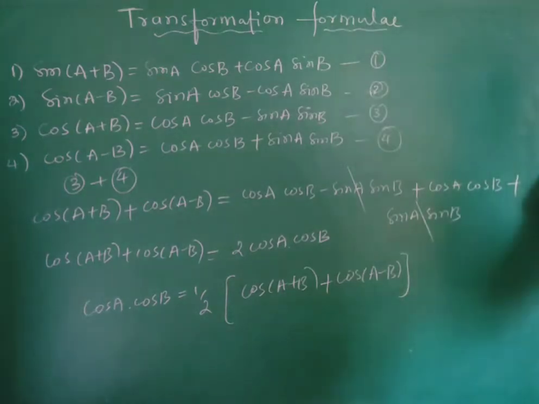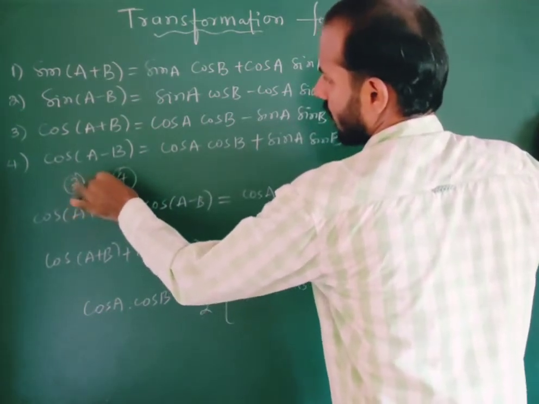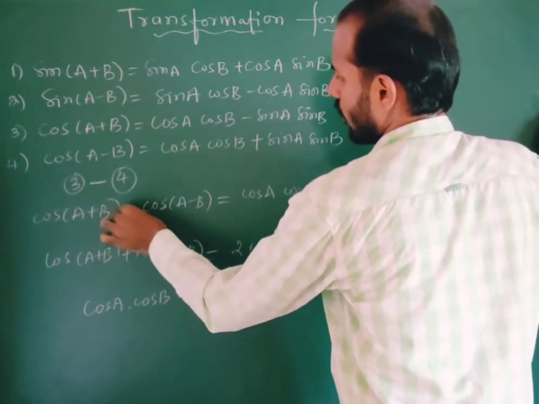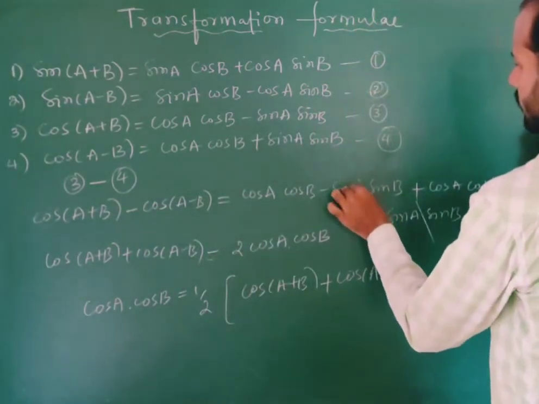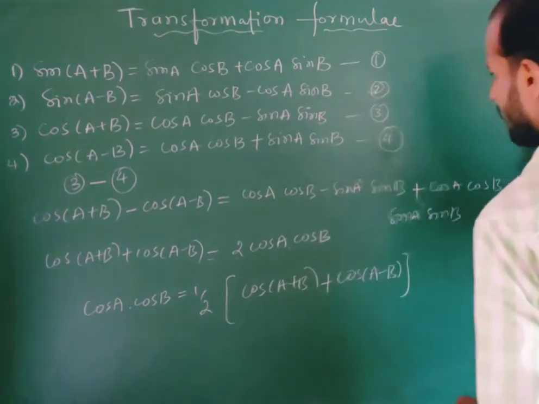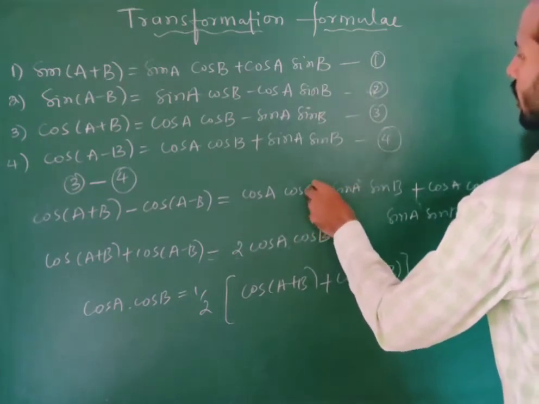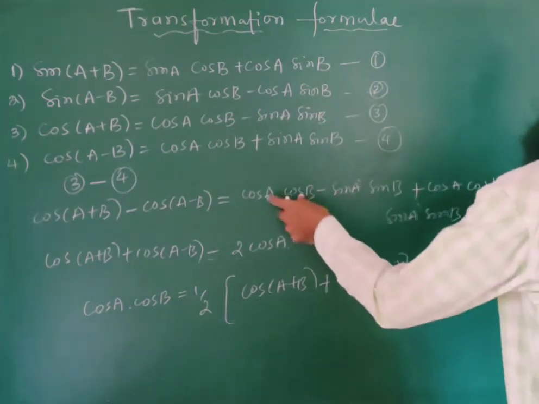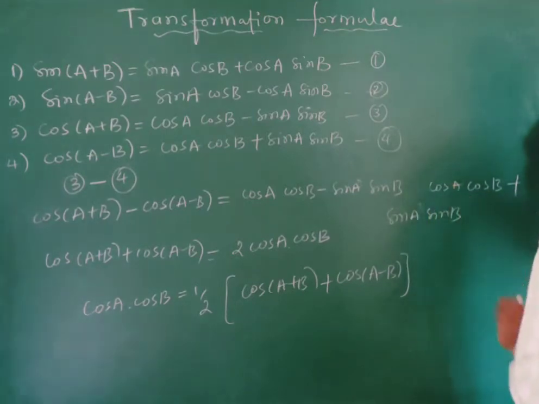Just minus here, here also minus: minus cos A cos B minus sin A sin B. Next we are subtracting here, right?